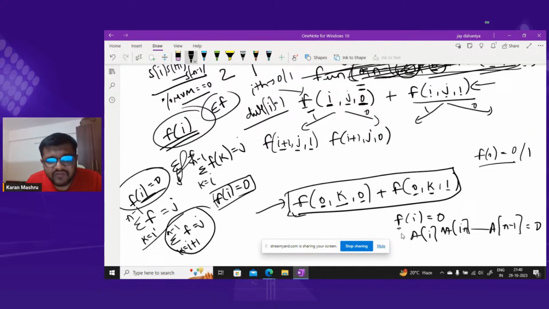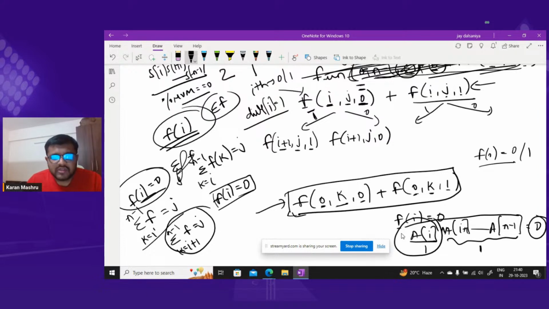And if I take 1 at the ith position, so this is 1. Now if the XOR of this complete is 0, if this much is 1, then this much should also be 1, then only 1 XOR 1 will be 0. So that's why I have passed 1 here, that from the I plus 1th index to the last, f of I plus 1 should be equal to 1, and considering all the suffixes, their sum of f value should be equal to j only.